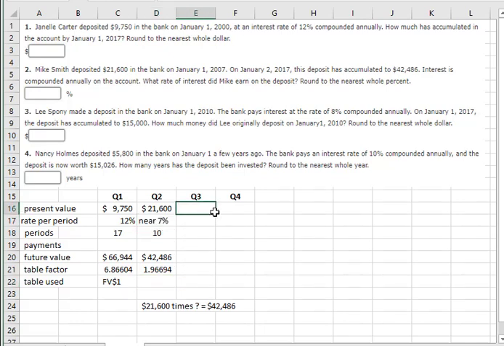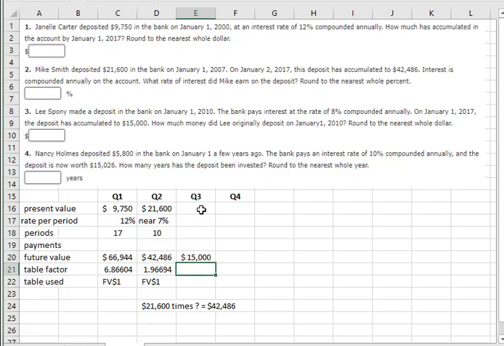Okay. Let's look, and we use the future value table just like we did the other one. All right, and let's see here. Number 3, we made another deposit at the beginning. Lots of deposits happening here. The bank pays 8% compounded annually, and it builds to $15,000.